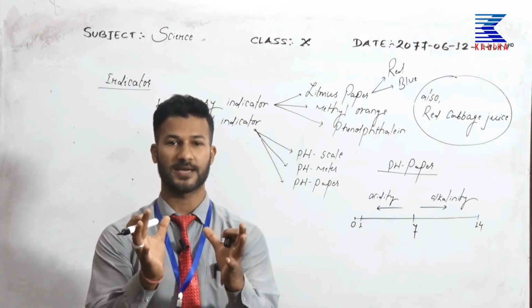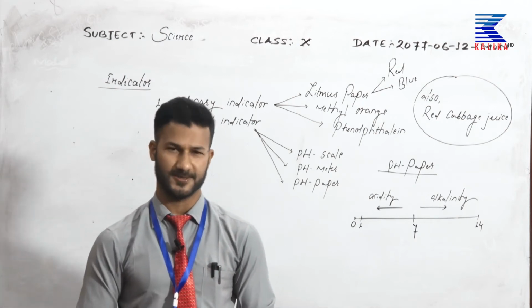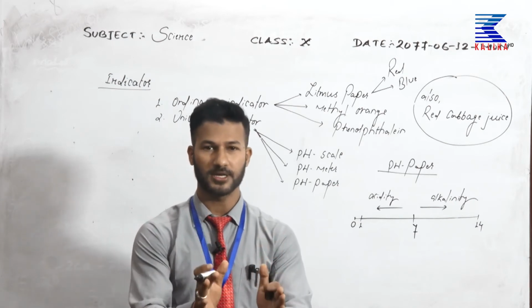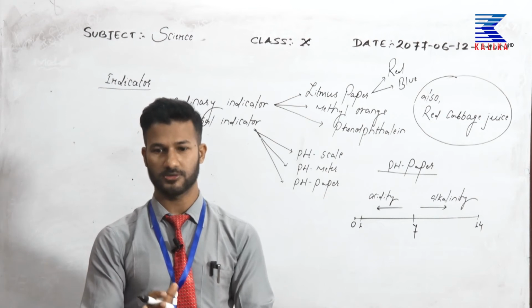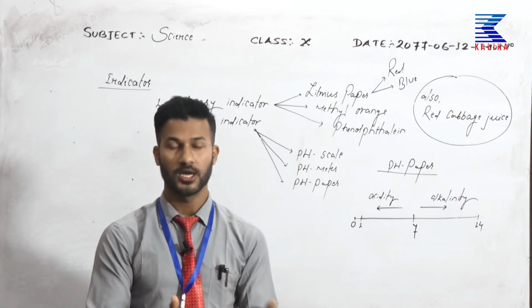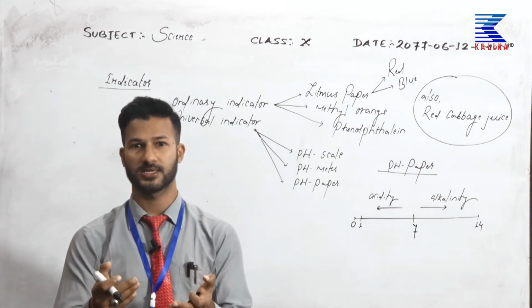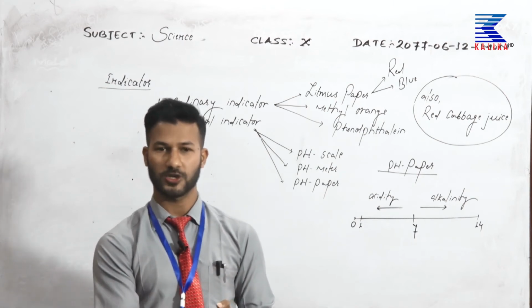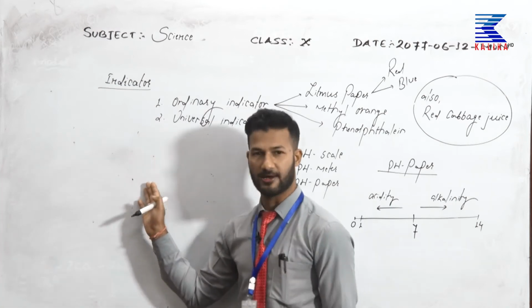These types of salt somehow bring change in indicator. If you find a given chemical is a salt, but you do not know whether it is neutral or acidic or basic, then you can at least find out whether the given salt is acidic or basic in the way we did just now.